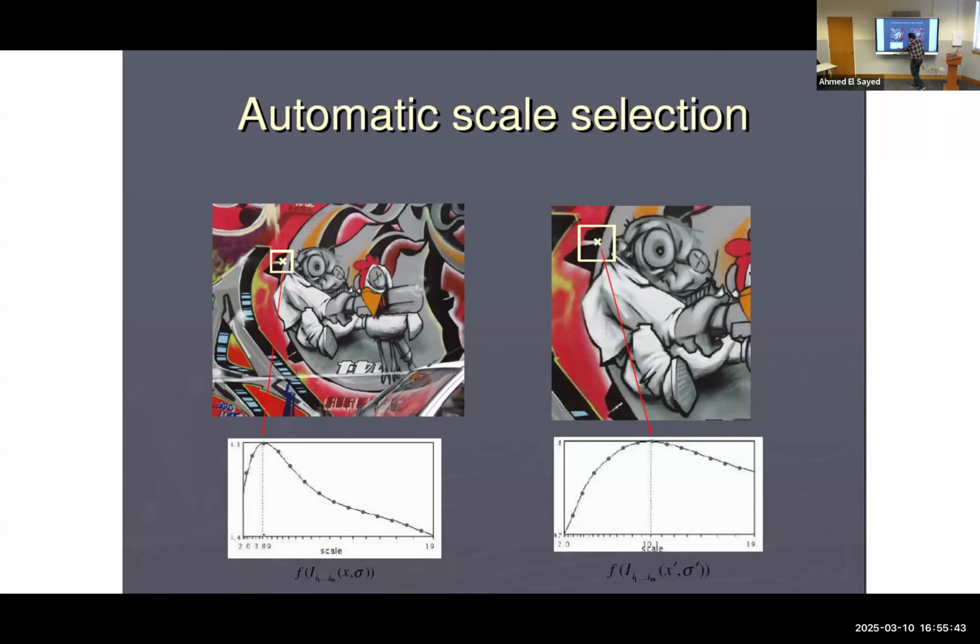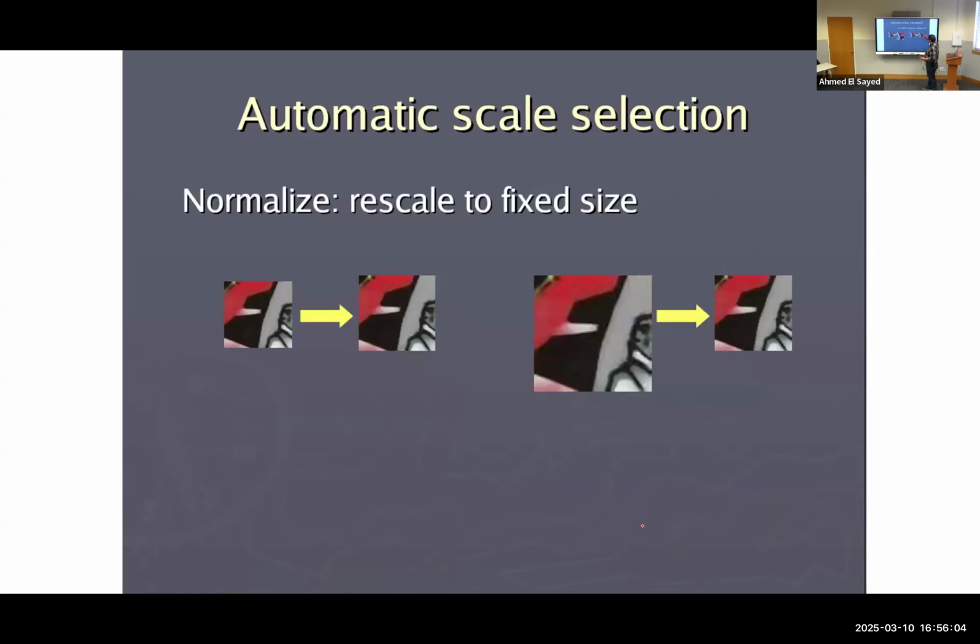Then I will find the scale that gives me the best coefficient value. Now, if I scale this down with this scale value and scale this down with this scale value, will they match or not? The answer is yes. This is the smaller one, I scale it with this scale value. This bigger one, I scale it down with this scale value. So this exactly matches.